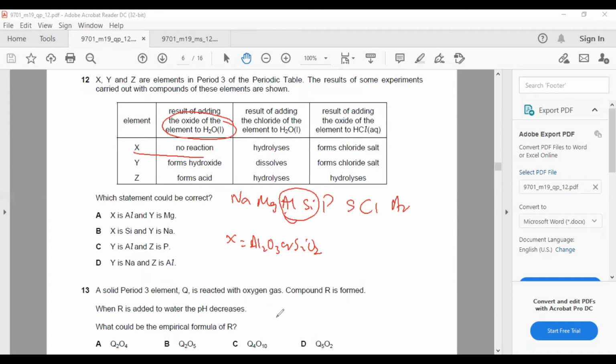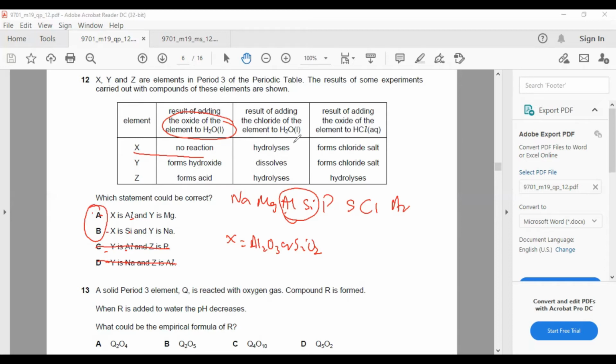They are not soluble in water. Result of the chloride of the element hydrolyzes. So X is aluminum or X is silicon, Y is aluminum or Y is sodium. So these two are wrong. Any one of the options is correct.